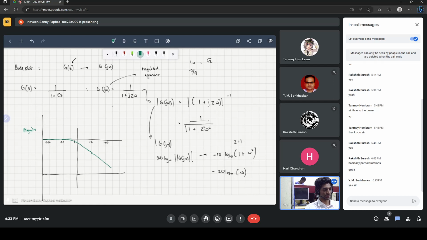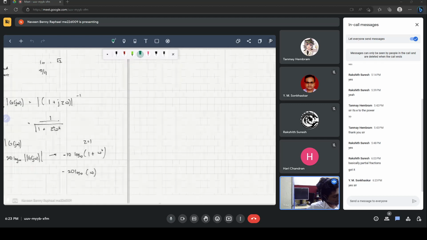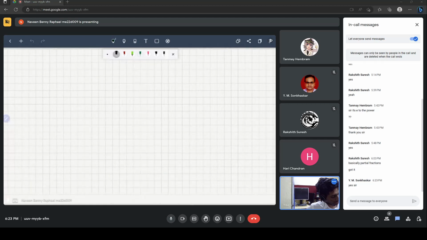Okay, so for the argument section, we'll do a similar analysis. For simplicity, let's take tau equal to 1. So that means G(j omega) is 1 by 1 plus j omega, and we want the argument of this.